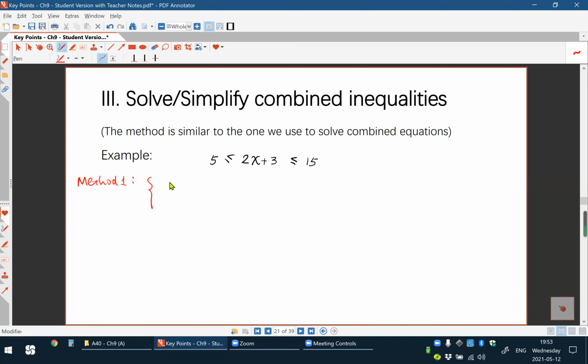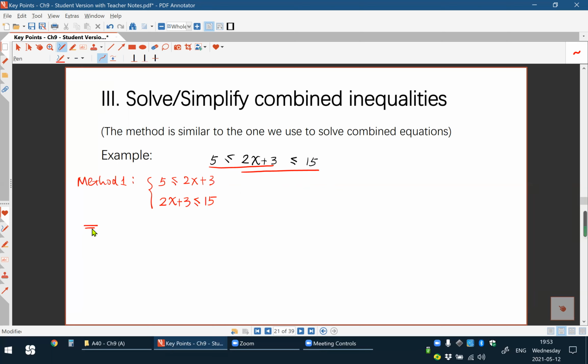This means, first of all, we need to ensure that 5 is smaller than or equal to 2x plus 3, right? This is the first part. And remember that there is a second part, which is 2x plus 3 should be smaller than or equal to 15, right? And then we solve these two inequalities and combine the results.